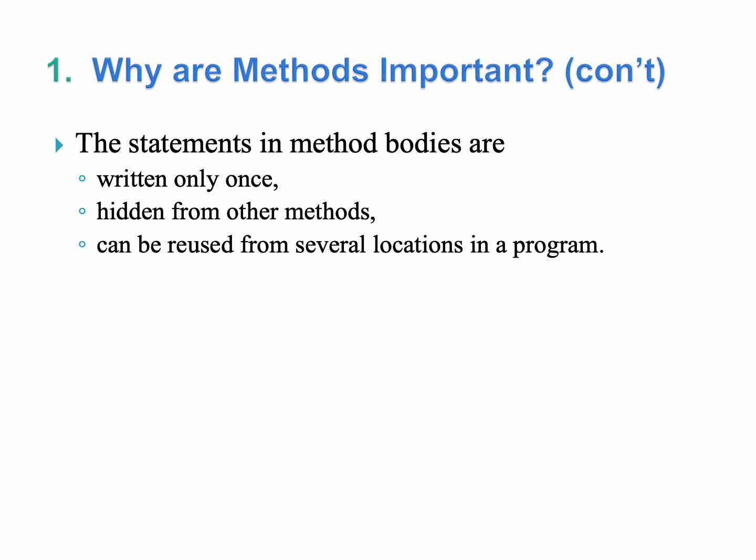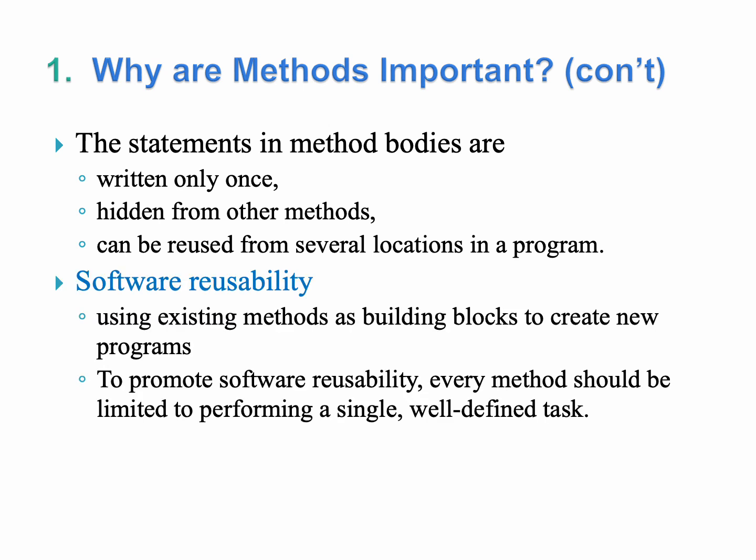For any method, the statements in the method body are written only once and hidden from other methods, but they can be reused from several locations in a program. Using existing methods as building blocks to create new programs is called software reusability.